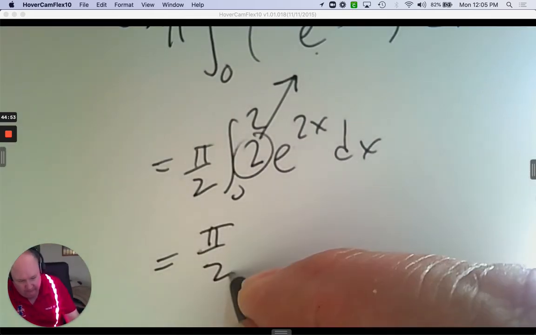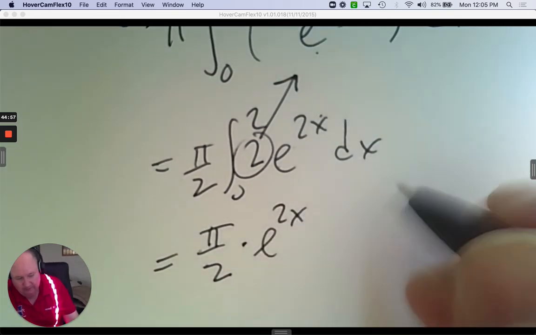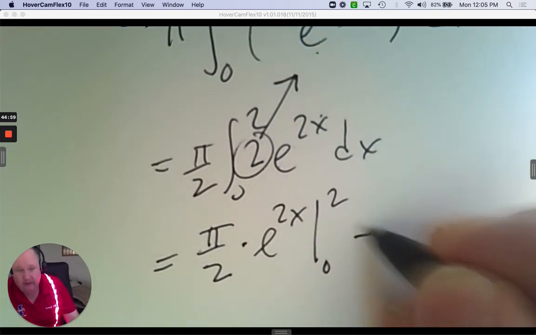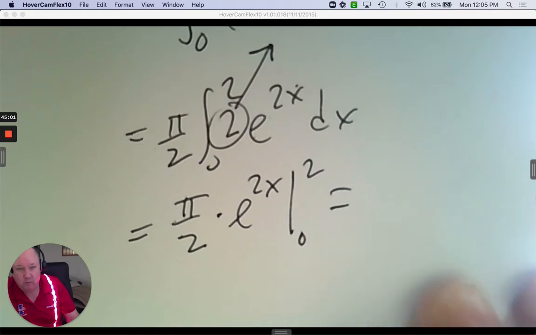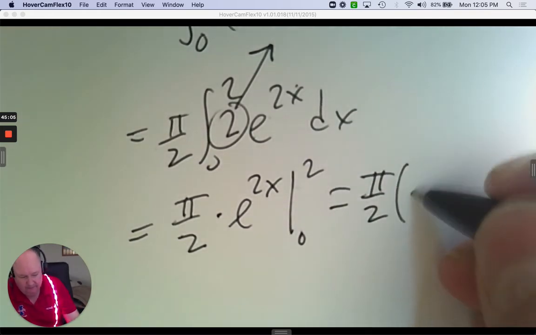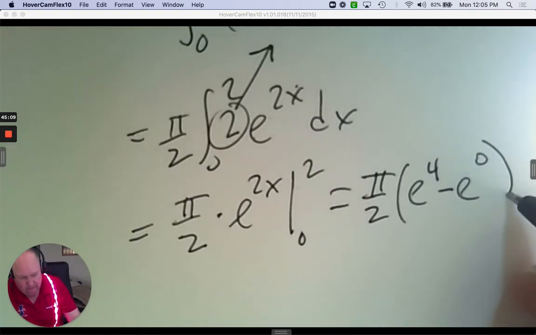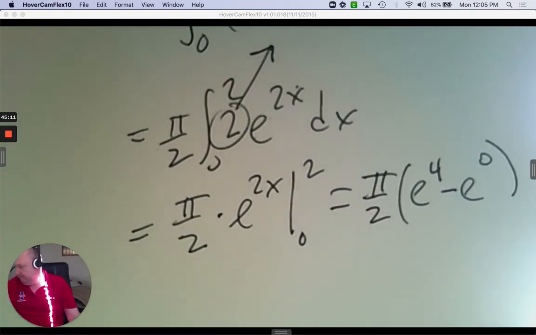So I have pi over 2. The rule for e to the 2x is you copy it, and then I'm integrating from 0 to 2. And then I plug in the upper bound. You can leave pi over 2 in front. So that's e to the 4 subtract e to the 0. Done.